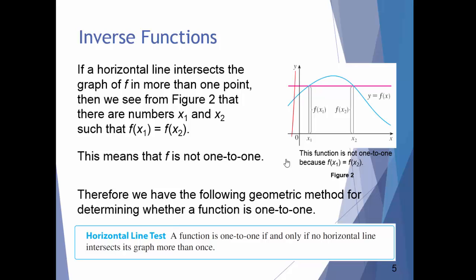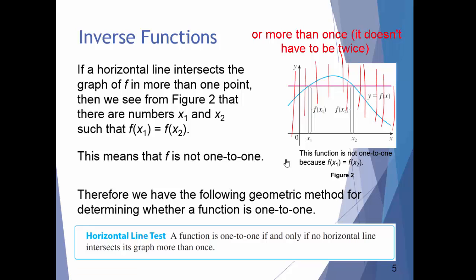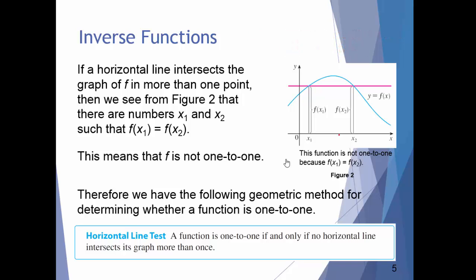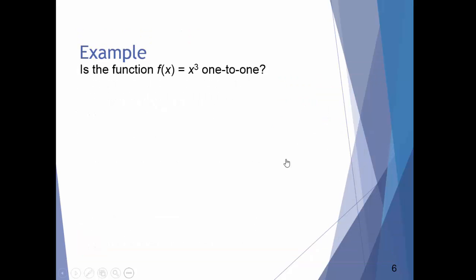If I can run every possible vertical line through this graph and never hit the graph twice, then I'm looking at a function. Similarly, if I can run every possible horizontal line through a graph and never hit it more than once, then the function is not only a function, but one-to-one. Now obviously this one fails the horizontal line test.